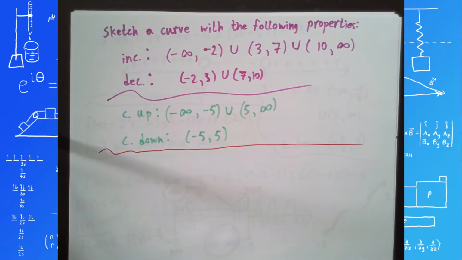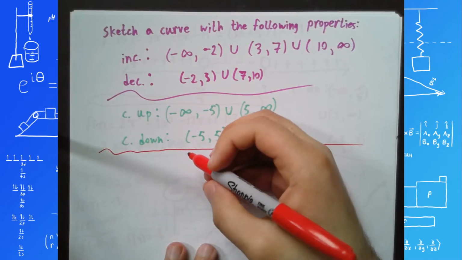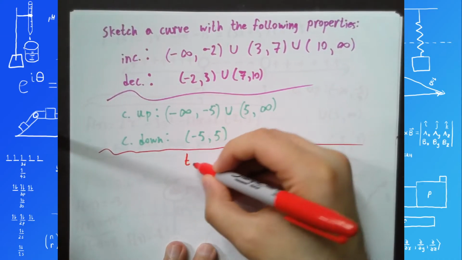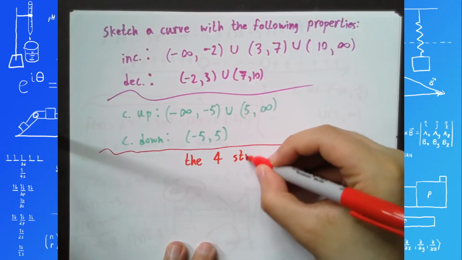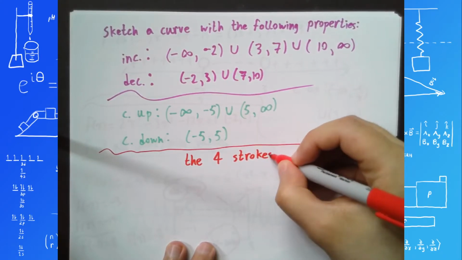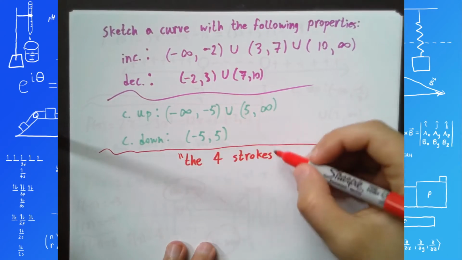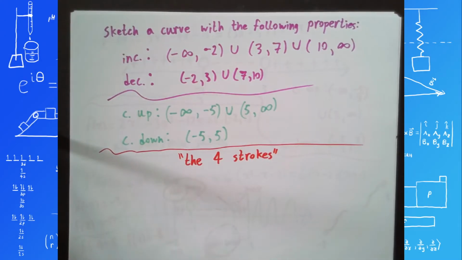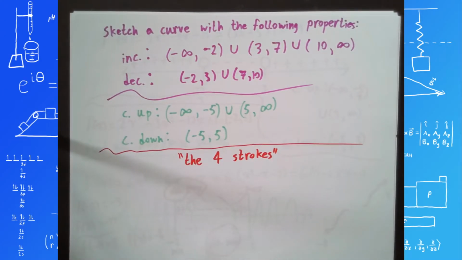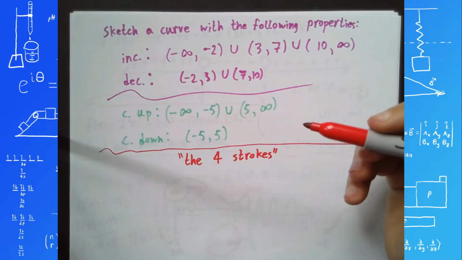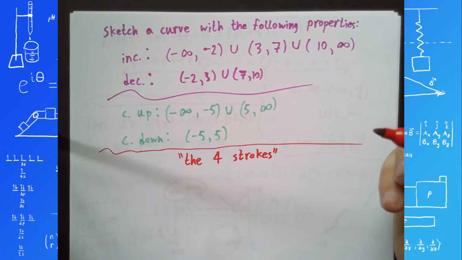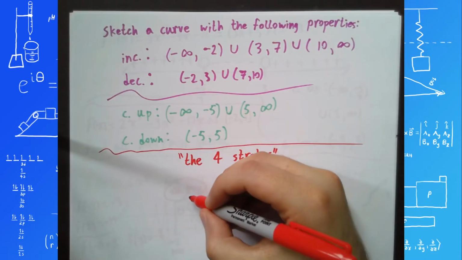So if you're one of my regular students, you've probably heard me talk about this before. This is what I call the four strokes. Not an official name, but that's just what I like to call them. Or maybe it is an official name and I just happen to guess it correctly. Who knows? But these are the four strokes I've told my students on relevant occasions to make sure that they understand them.